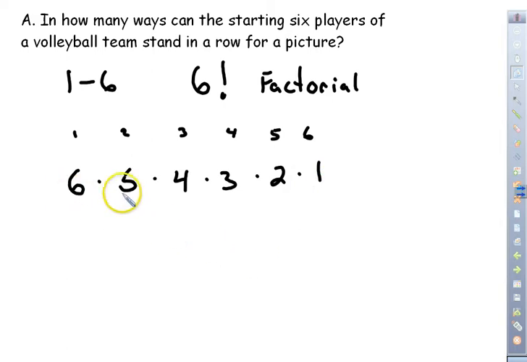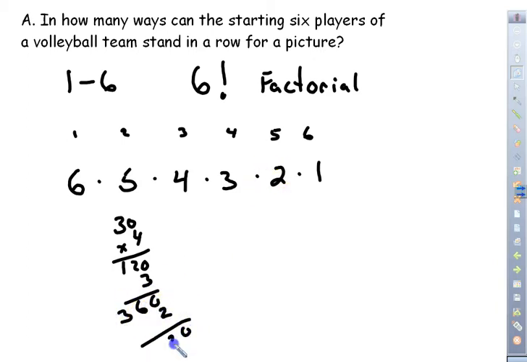Then you literally multiply these together. 6 times 5 is 30, times 4 more is 120, times 3 more is 360, times 2 more is 720, times 1 is 720 possibilities. So how many ways can the starting 6 players of a volleyball team stand in a row for a picture?